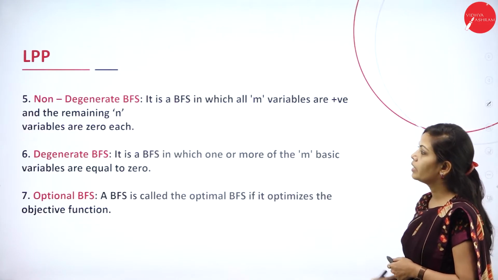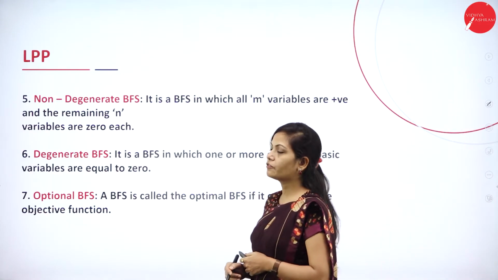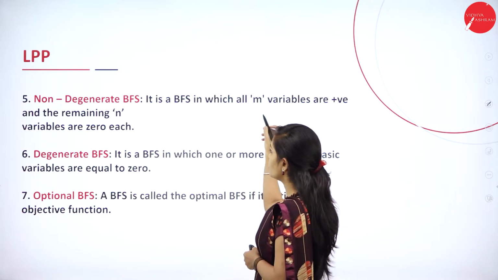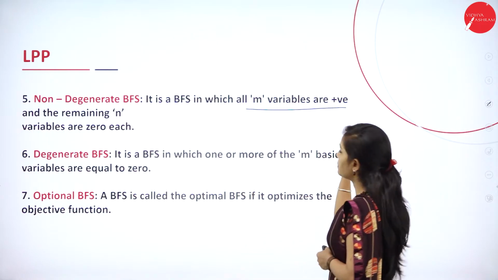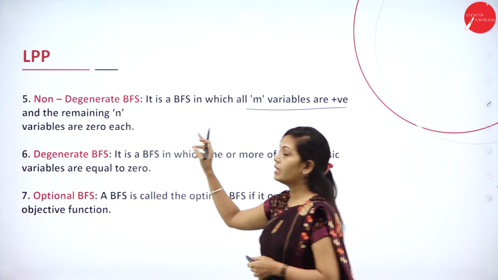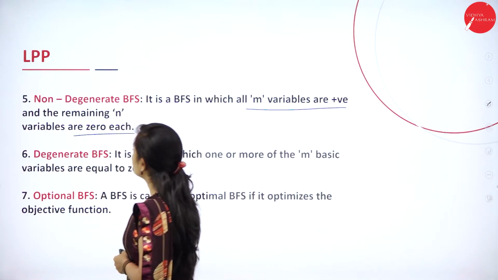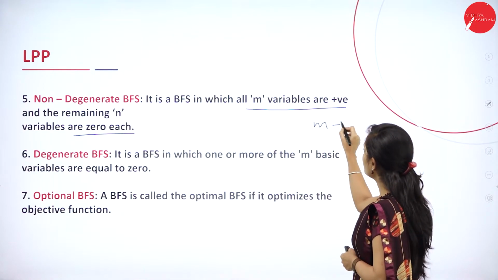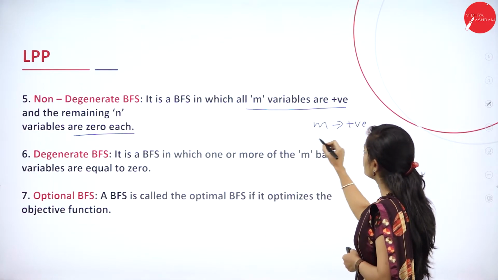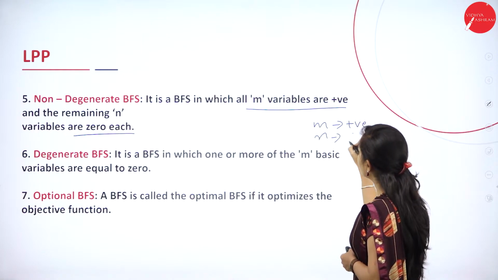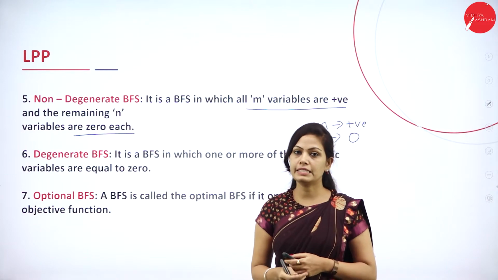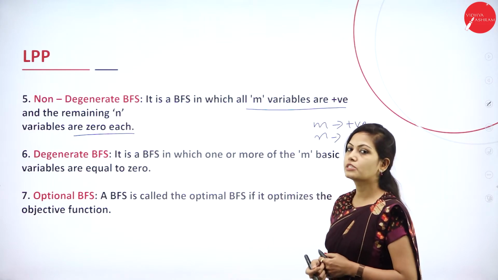And next we have non-degenerate basic feasible solution. It is a basic feasible solution in which all m variables are positive and the remaining n variables are 0. Then we can call it a non-degenerate basic feasible solution.